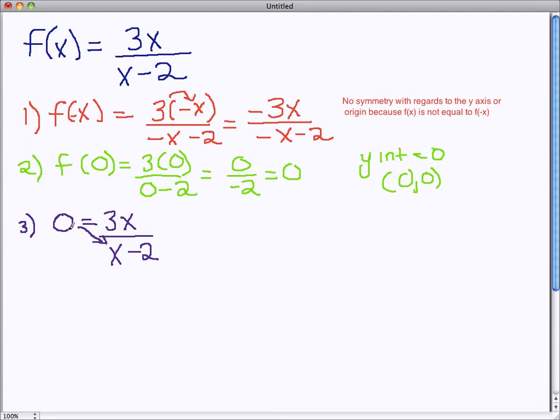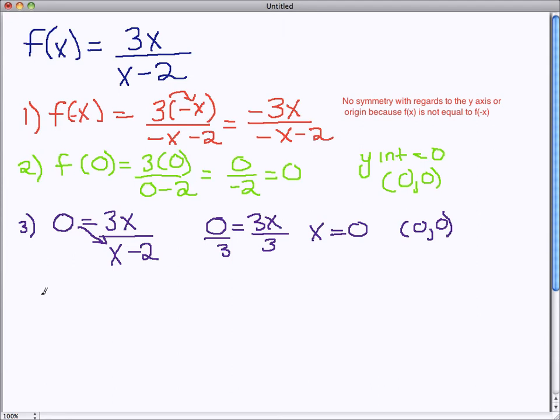It is kind of convenient that 0 times the bottom is 0, because 0 times anything is 0, and then we're just left with the top. And we're going to divide by 3 to get that 3 out of there and get x is equal to 0. So it does cross at 0, 0, which is actually what we found in part 2. This is just a way to show that that's also the x-intercept as well as the y-intercept.